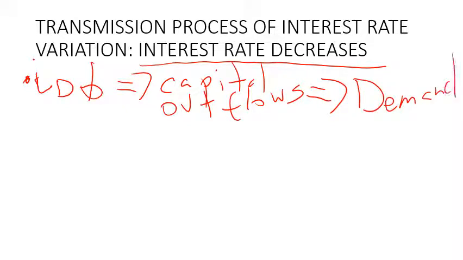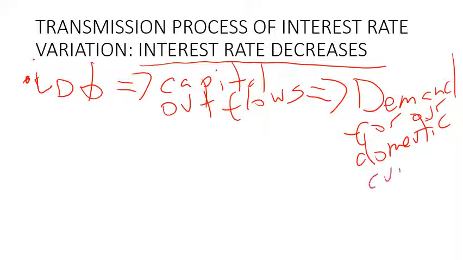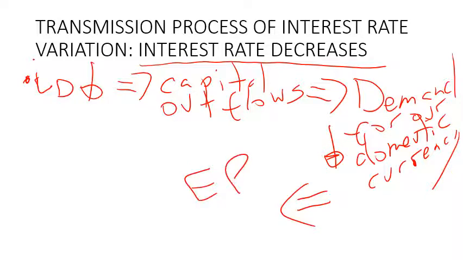So what's going to happen to the demand for our domestic currency? It's going to decrease. So what's going to happen to our exchange rate, to the international value of our currency? That's going to fall.